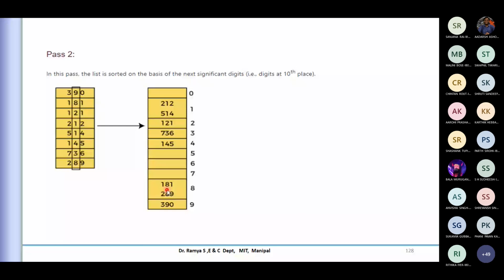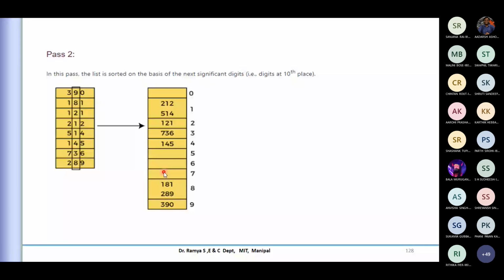Previously they occurred as 181, then 121. Now we are comparing with the second digit, so 121 occurs before 181 here. So when we go for a second phase, a kind of sorting has already taken place. That is the second part of that.